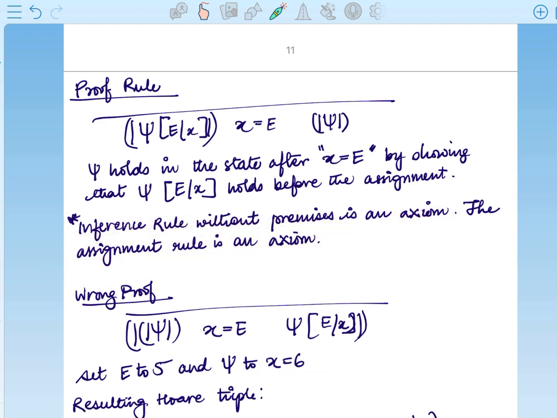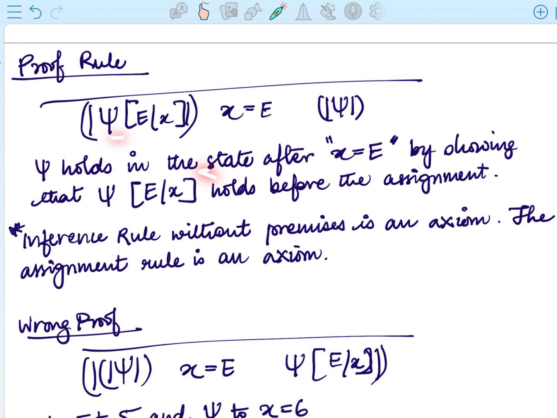So if we talk about the rule, here what we say, this holds in the state after x equals e, by showing that psi e by x holds before the assignment, right? So this holds the assignment, and after the assignment you will reach this state.